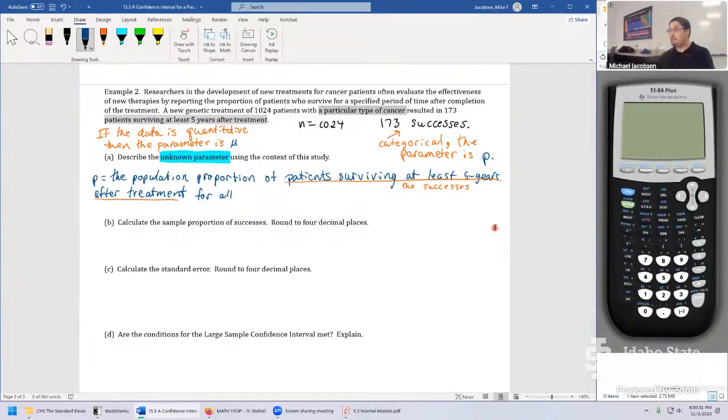Not everybody, but anyone who had that one kind of cancer. So let's match the language and say, for all people with this type of cancer. And so when we said for all, this part right here is talking about the population.